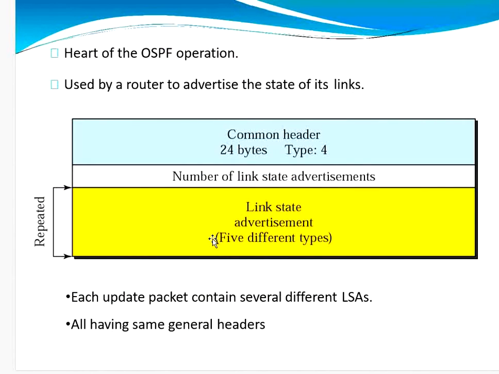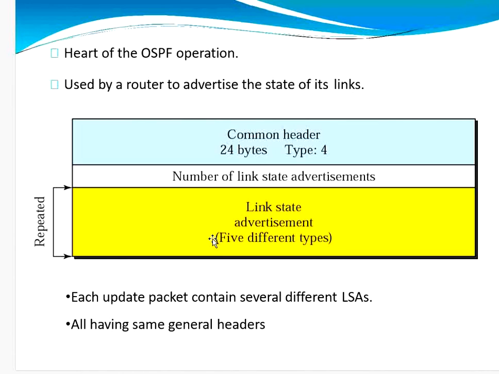The link state update packet is the heart of the OSPF operation. It is used by the router to advertise the state of its links. It uses the common header which we have discussed earlier. With the common header, it carries the number of link state advertisements, and under the link state advertisement we have already discussed the 5 different types.